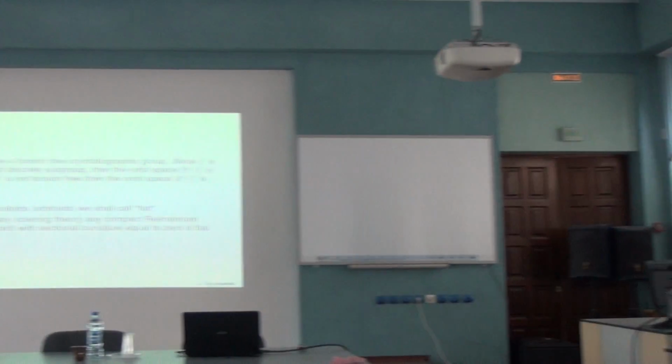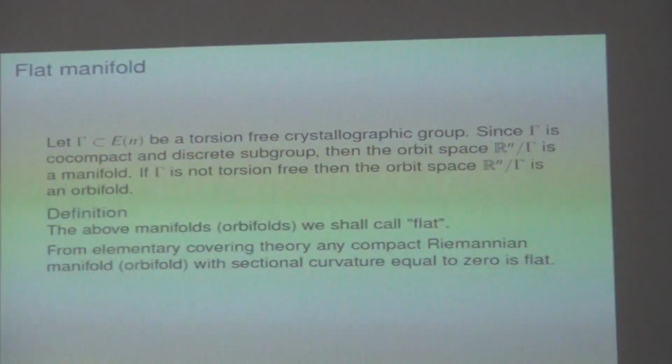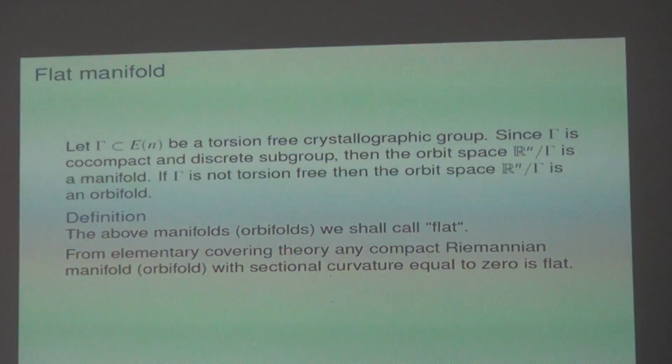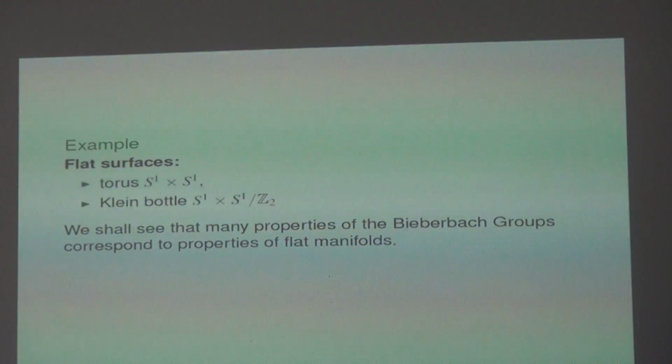So I have already defined what a flat manifold is, and the easy examples of flat manifolds are the following. There is any product of circles, so the torus, obviously with flat metric, is an example of a flat manifold.